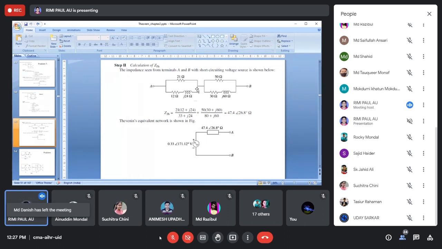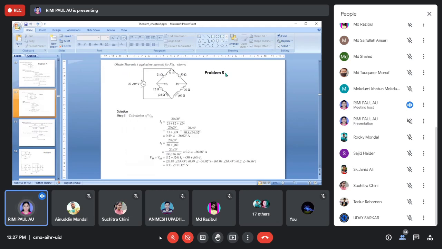But in case of Z equivalent, this is a ZTH, but in case of Z equivalent, you can see that current is flowing through this path to this path, and another current is flowing through this path to this path. So Z equivalent, if we want to find out what will be the current through this path, then you can write 20 plus 12 plus J24, and these are parallel. So parallel 50 plus 30 plus J16.